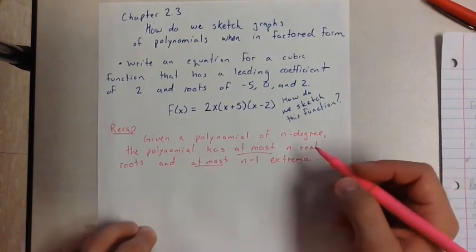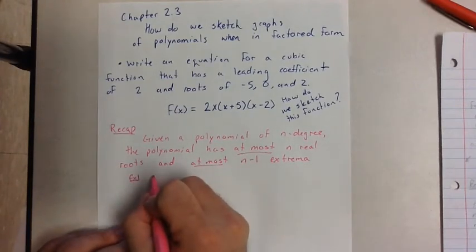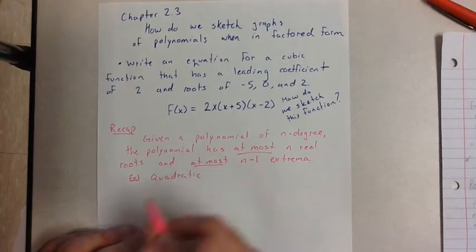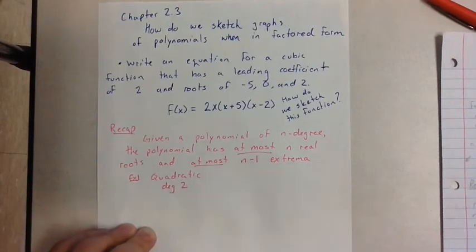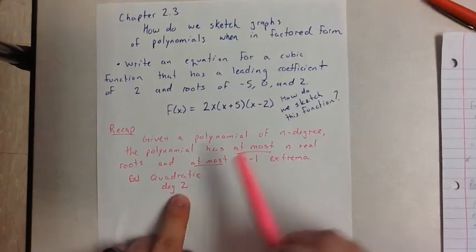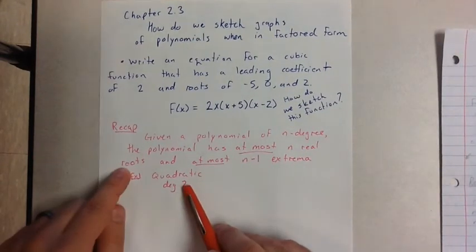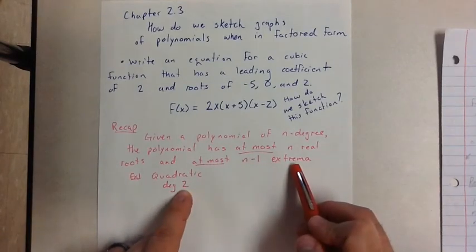So thinking about this, let's say we have a quadratic. We'll start with a quadratic function. Well, we know that a quadratic function has a degree of 2. So what we're saying here is a quadratic function has at most 2 roots and at most 1 extrema. And that should make sense.